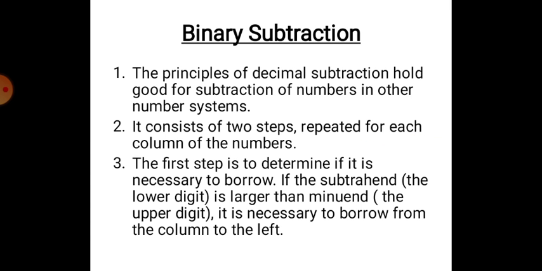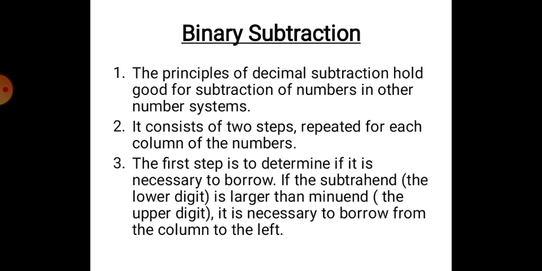Now we will take binary subtraction. The principle of decimal subtraction holds good for subtraction of numbers in other number systems. So whatever is the subtraction rule in decimal, the same holds true for octal, hexadecimal, and binary. It consists of two steps repeated for each column of the numbers.